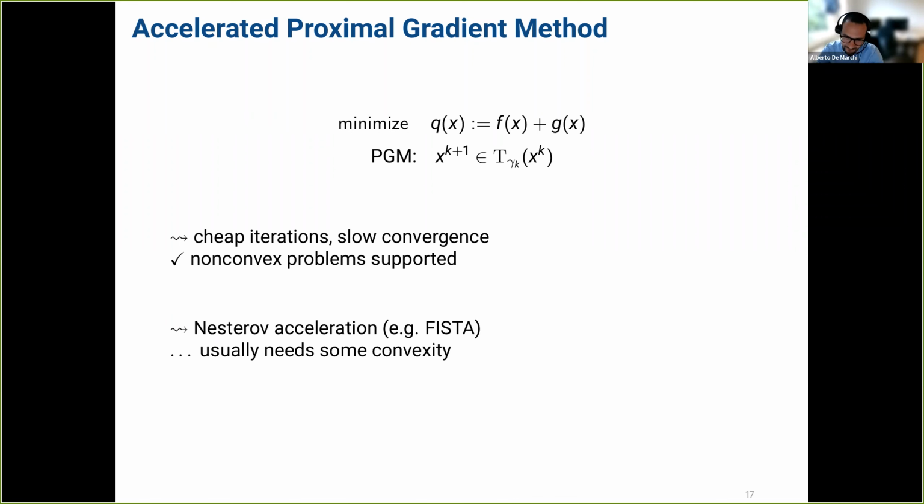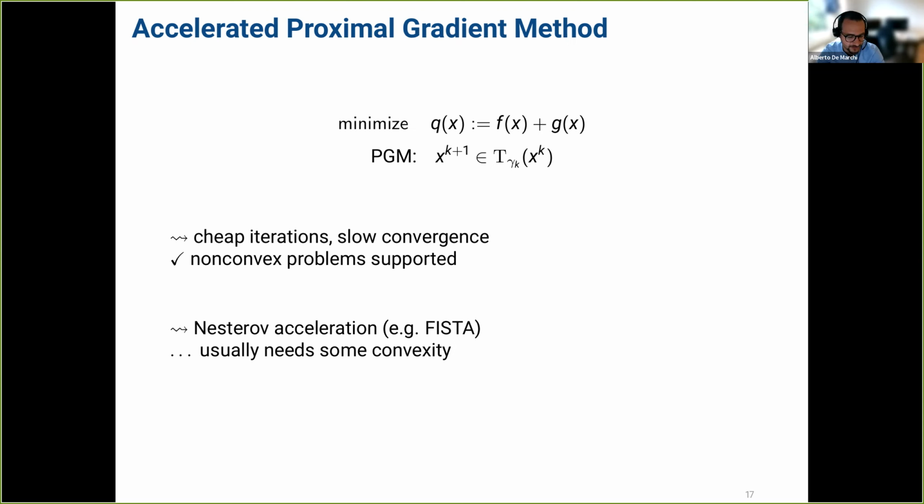Well, we have accelerations that are of different types. One is a Nesterov type, so sort of momentum on top of these proximal steps. One famous method is called FISTA, or fast iterative soft thresholding algorithm.